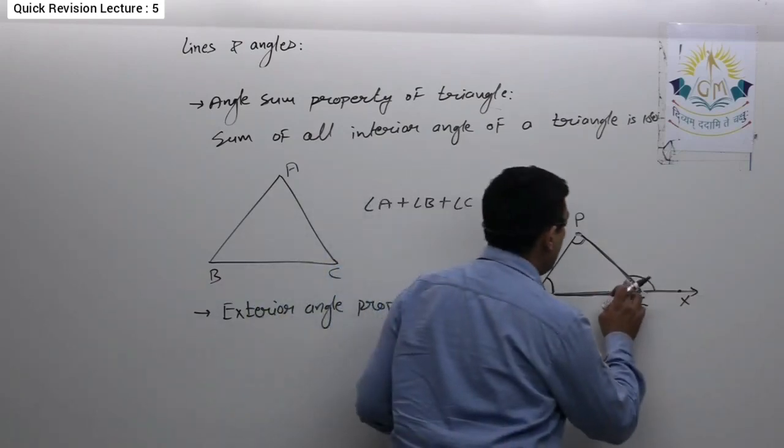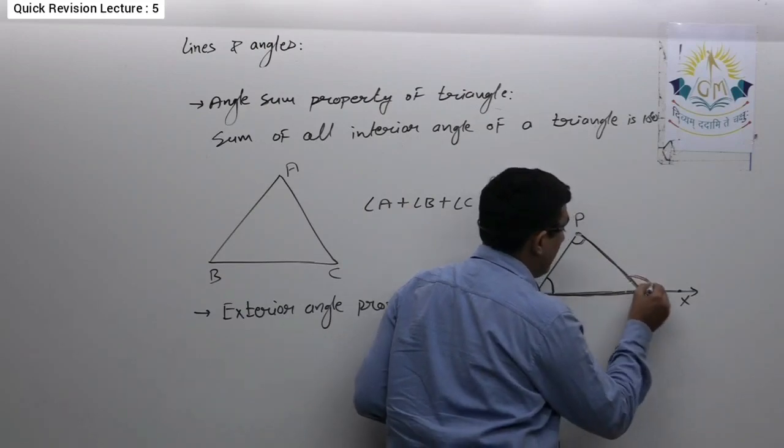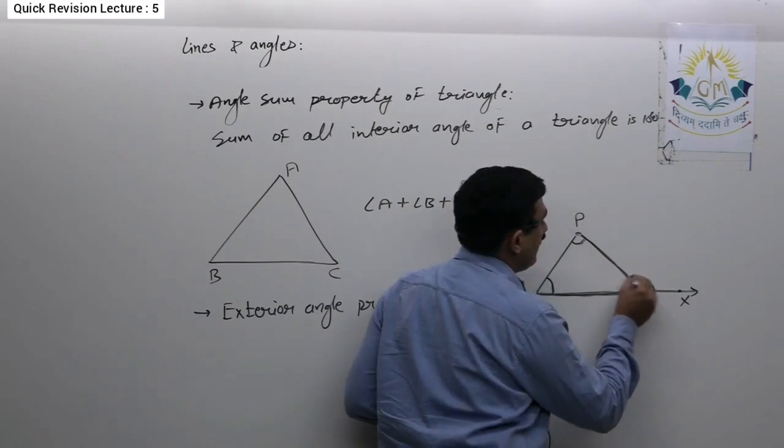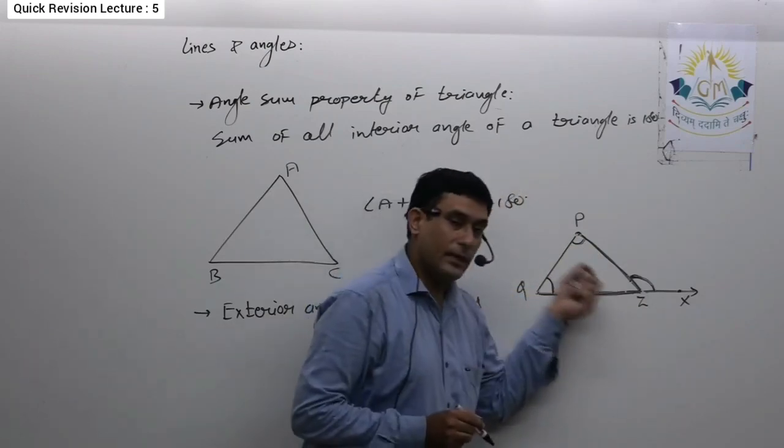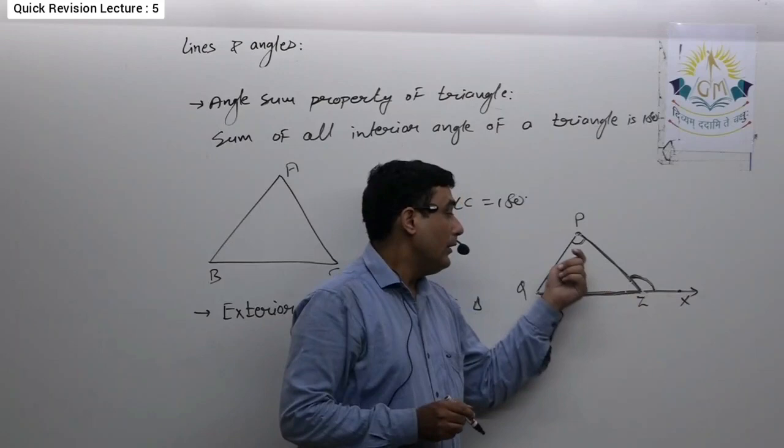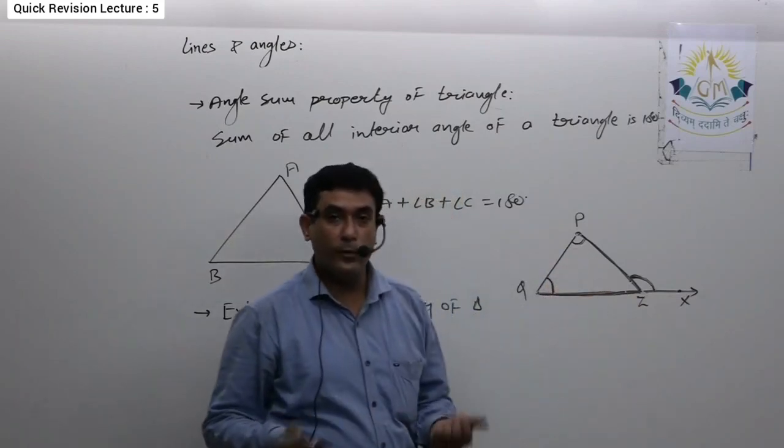The exterior angle property says that the exterior angle of a triangle is equal to the sum of its remote interior angles, that means the angles a little bit away from point Z, or opposite interior angles.